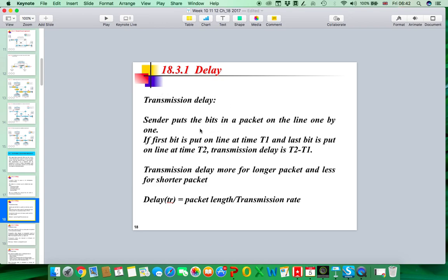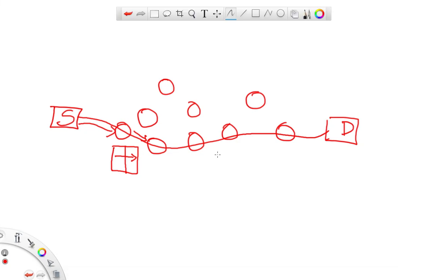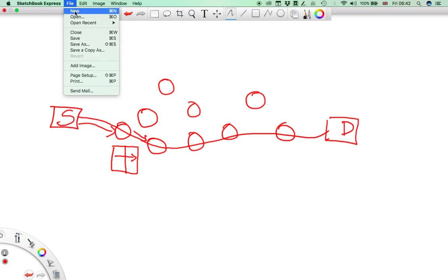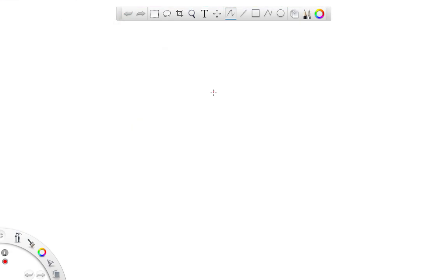So transmission delay. In transmission delay, the sender will put the bits in the packet on the line one by one. So let's explain it in this way. This is our packet at the sender that we want to send to the other side, okay?